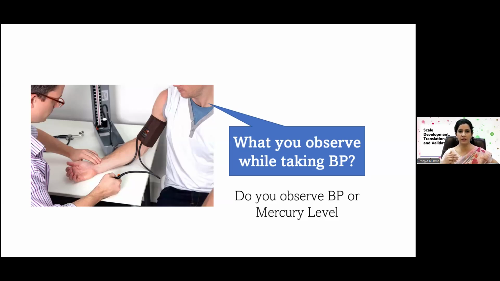Initially, a variable is like a construct. But when there are ways to measure it directly, then it becomes a variable. A construct remains something which is indirect, a broader idea. So obesity, we generally call it a variable because we can measure it directly and it is tangible. But something which you cannot see, you cannot measure directly, that we call a construct.